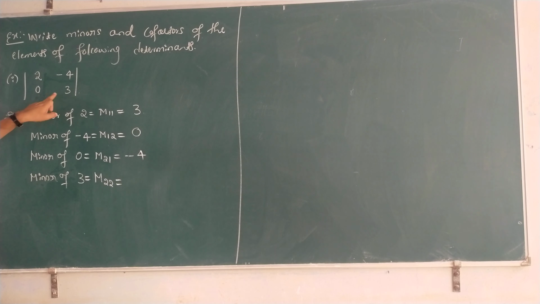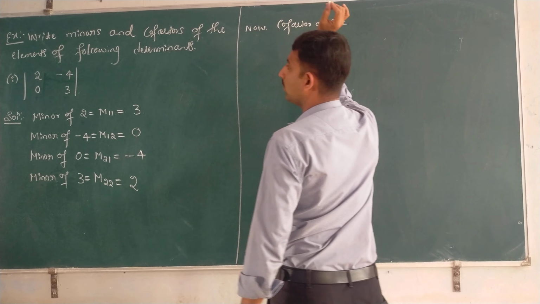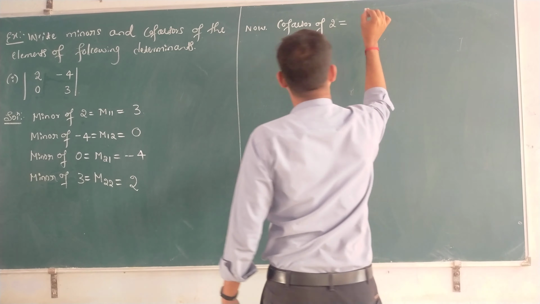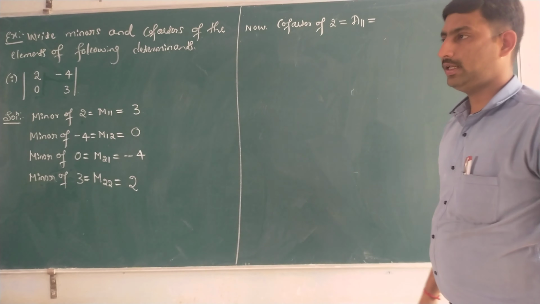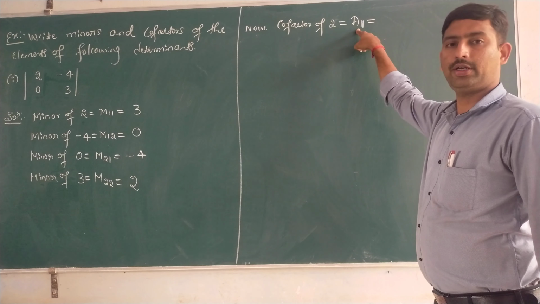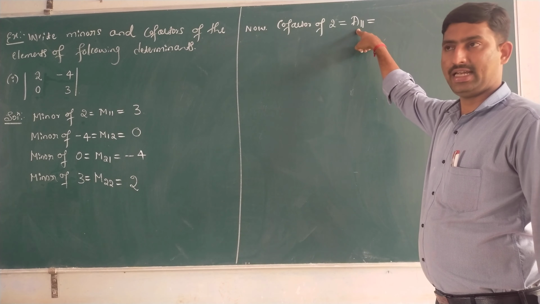Now the cofactors. Cofactor of 2 is capital A11; a cofactor is denoted by capital Aij for the element small aij.